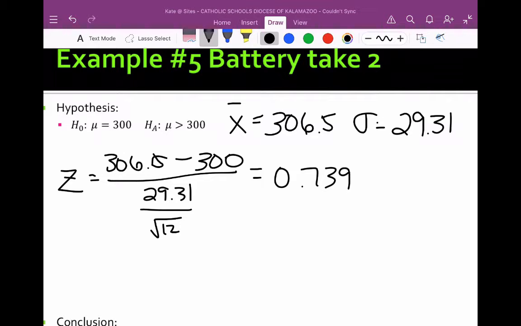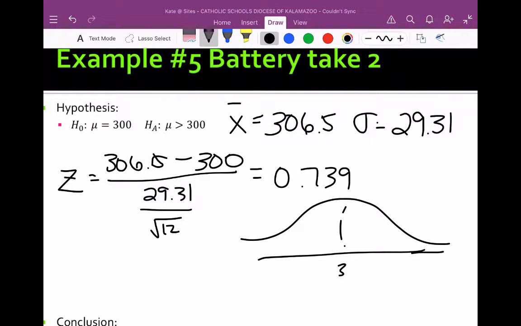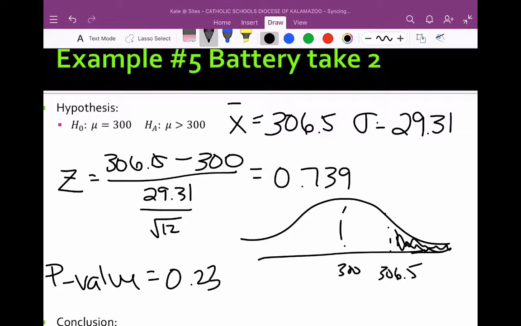Again, when we calculate our p-value, we want to draw a sketch of the normal model to show the area that we're actually looking for. So right here is 300, here is 306.5, and I'm looking for this area, the area over it. And that gives me a p-value of 0.238, or 23.8%, which again is high.